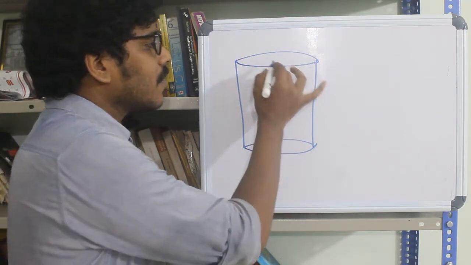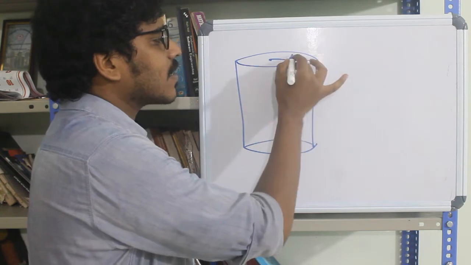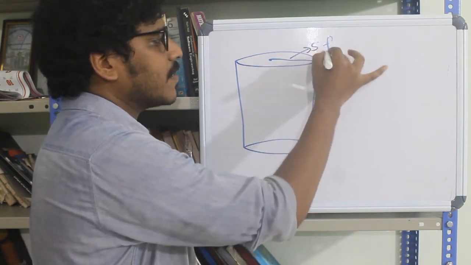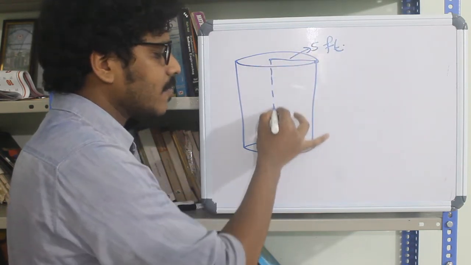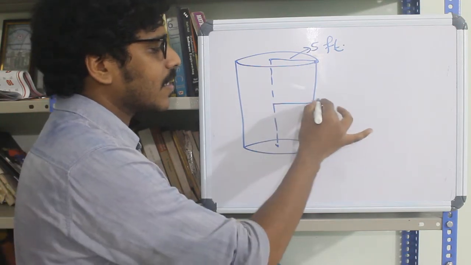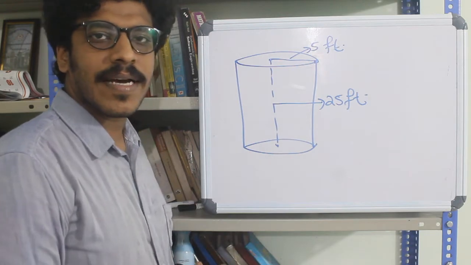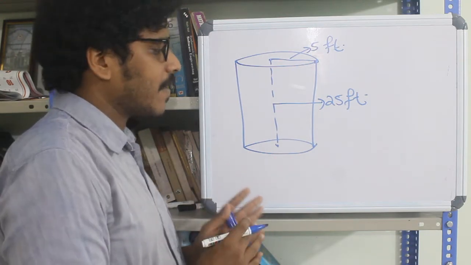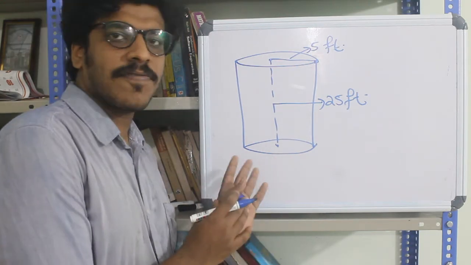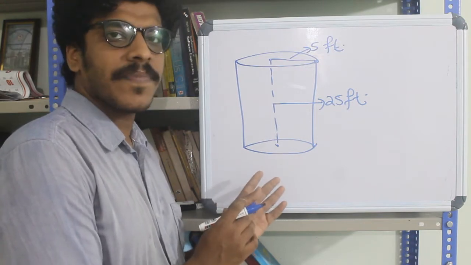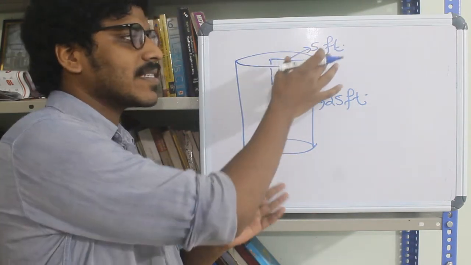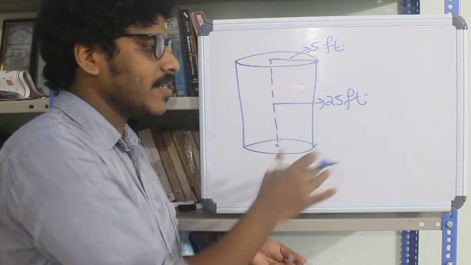So the radius of the cylinder is 5 feet and the height of the tank is, say, 25 feet. Right. So a manufacturing company manufactures storage tanks of cylindrical shape with these measurements, with radius 5 feet and height 25 feet.